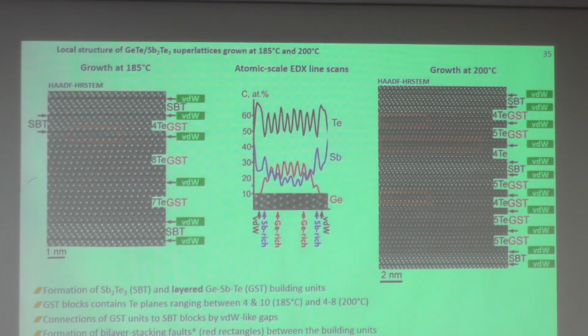So germanium and antimony can diffuse between the layers and form germanium antimony telluride units.